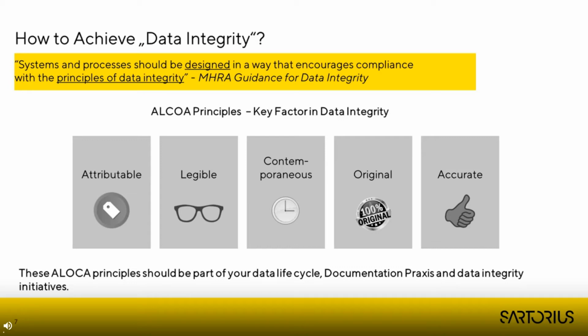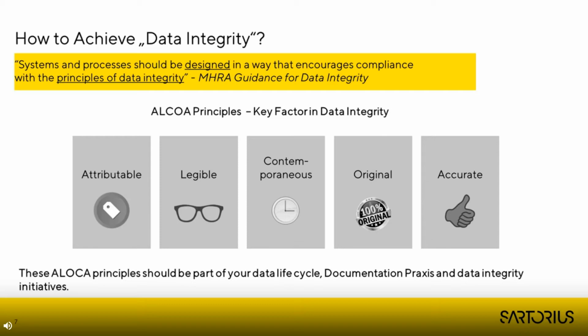Last but not least, our data must be accurate. That means that the data is correct, complete, and reliable. This includes on one hand that the system, like the balance or the LIMS that is generating the data, is qualified, and the validated state and the data itself are regularly reviewed.